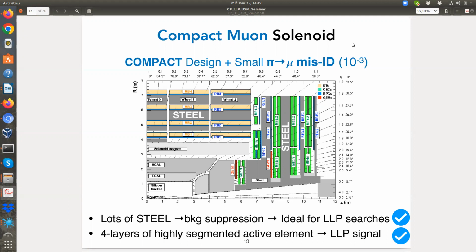And it has 4 layers of highly sensitive active elements in between that you can use to see what a long-lived particle will look like when it decays there. That gives you the handle for catching the long-lived particle. So that's all this region here that we didn't look at before to push the high C-tau range that we were targeting.